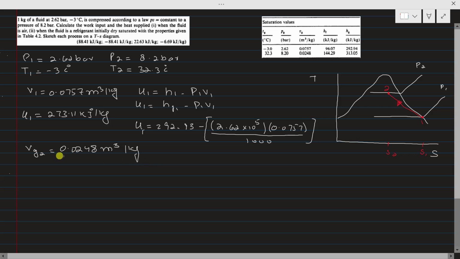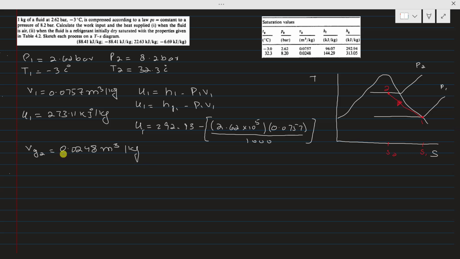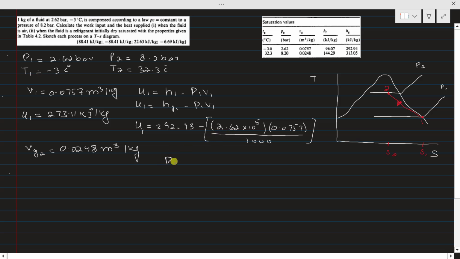Now this is the saturated volume at state point 2. That is not our exact volume at state point 2. For that we need to find it using the formula P1 V1 is equal to P2 V2. So this V2 will be equal to P1 V1 divided by P2.